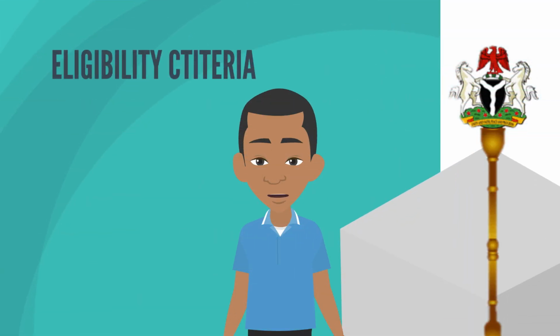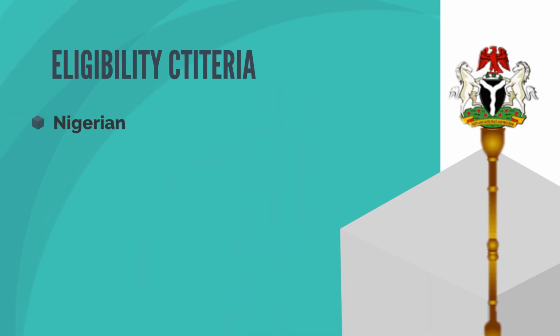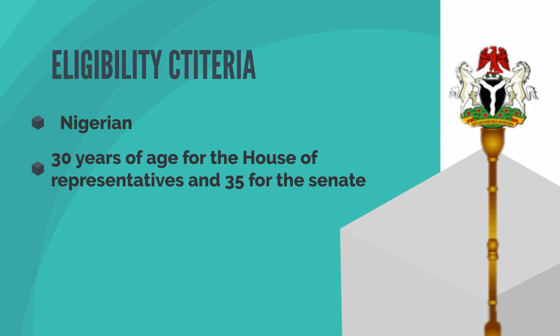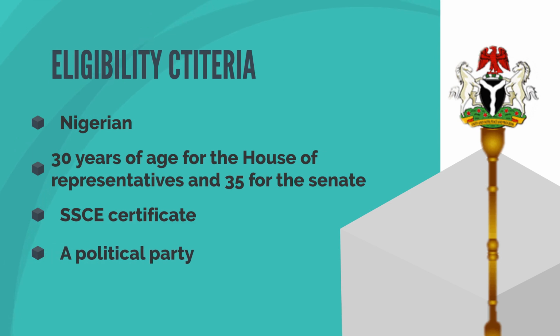The Constitution gives the criteria a person needs to meet to be eligible to be voted into the National Assembly, and they include being Nigerian, being 30 years of age for the House of Representatives, and 35 for the Senate, having an SSCE certificate, and belonging to a political party.